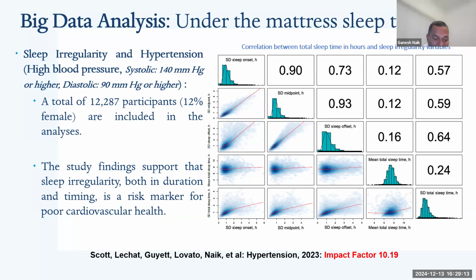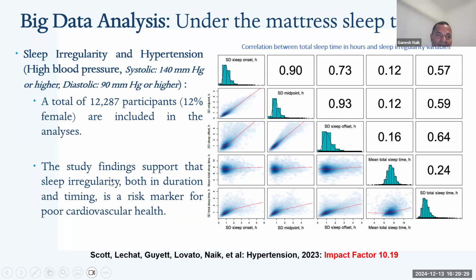We wanted to see whether variation in sleep is associated with hypertension, that means whether it can cause hypertension. We had a large amount of data here, around 12,000 participants.